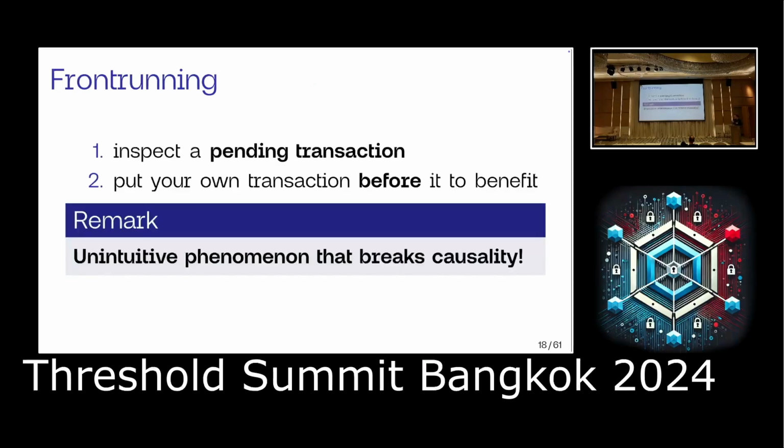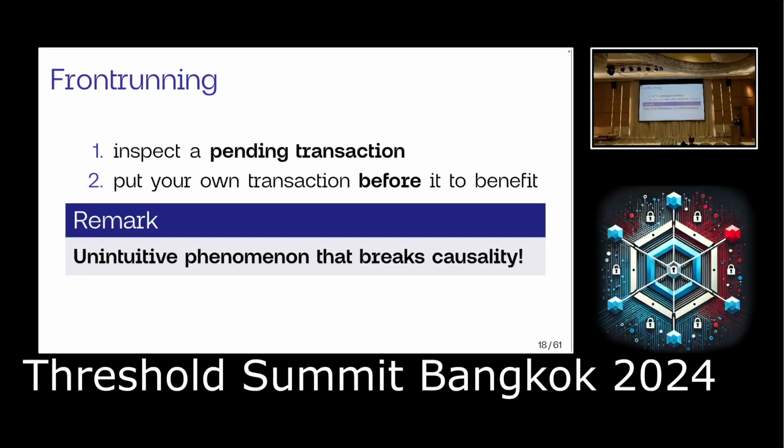So front running, for the definition, is the process of inspecting a transaction that is pending in a mempool, and based on that transaction, inserting your own transaction in front of it in such a way as to profit. For example, by sniping an ENS name, or by buying before someone buys a token so that you can profit from their price increase, then you have to sell back after. It's called a sandwich attack.